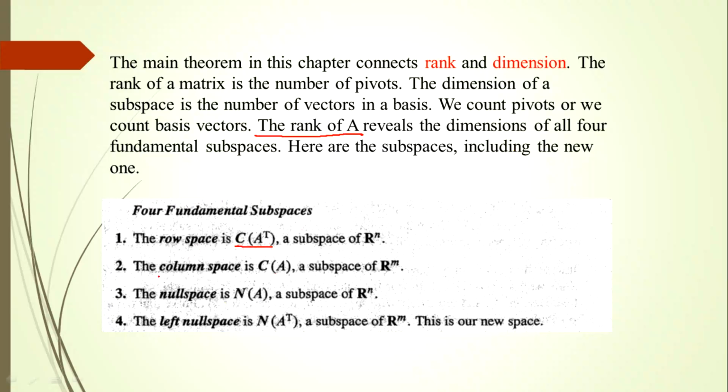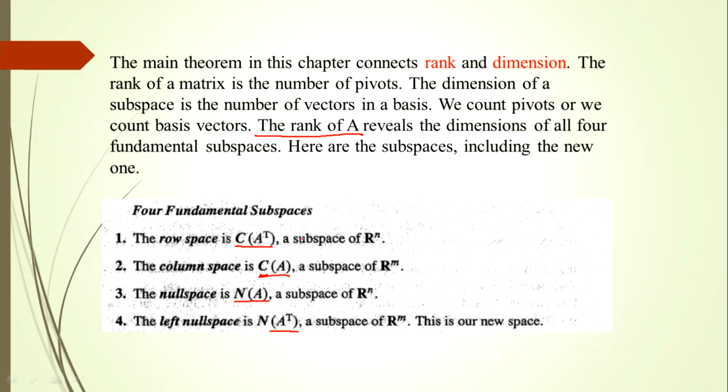The second subspace is the column space for matrix A, which we discussed a lot in section 5. The null space is N(A). We also discussed this one before. Number 4, the left null space, the null space of A transpose. This is a new one, and we will try to understand it.